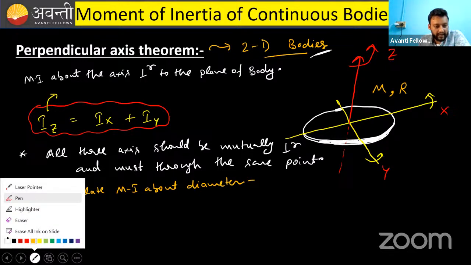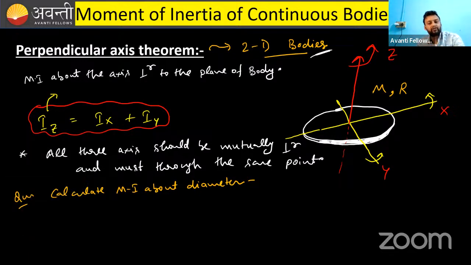Whenever I talk about diameter, diameter is in the plane of the body, that is along x-axis or along y-axis. Both are the diameters. So if I use perpendicular axis theorem, Iz is equal to Ix plus Iy. You can see that Ix and Iy both are the diameters, that means both will have the same moment of inertia. So that can be written as 2 times Ix is equal to Iz.